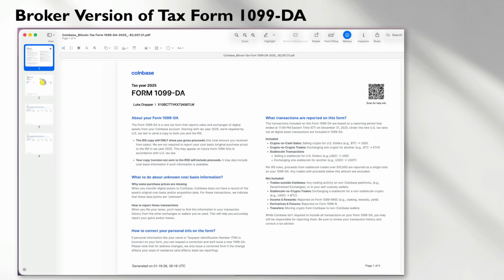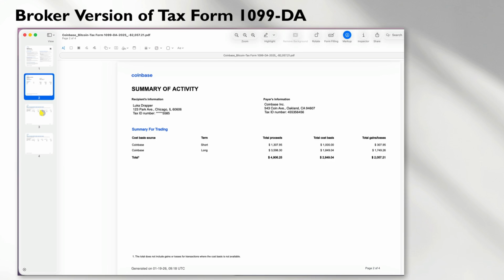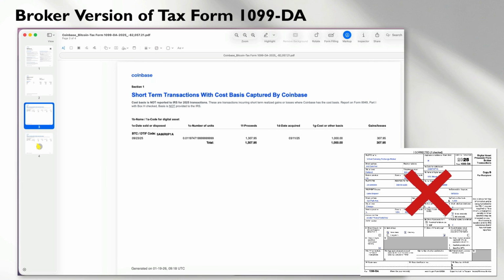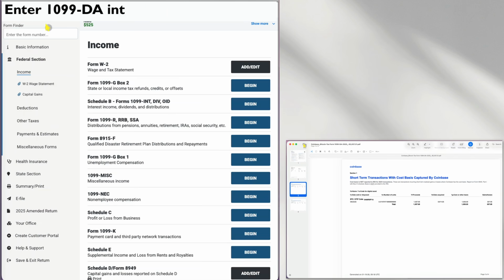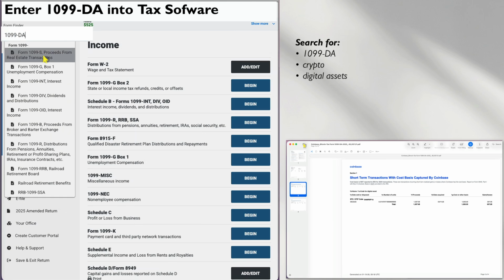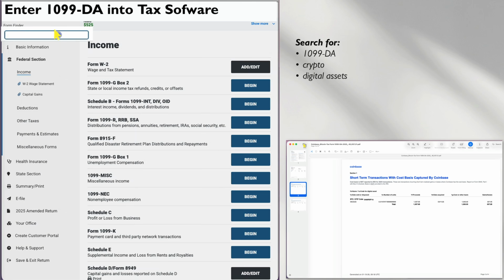Especially if you have many transactions, this summary layout is much easier to read and understand than the standard IRS 1099-DA form layout. Now let's go over how to enter your 1099-DA into tax software. If you are not sure where to enter it, try searching inside your software for 1099-DA, crypto, or digital assets.